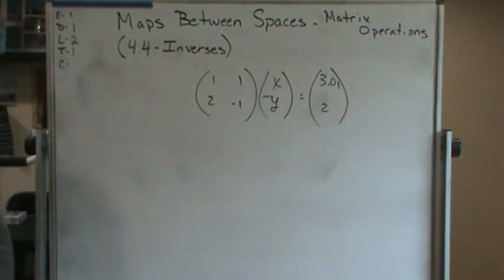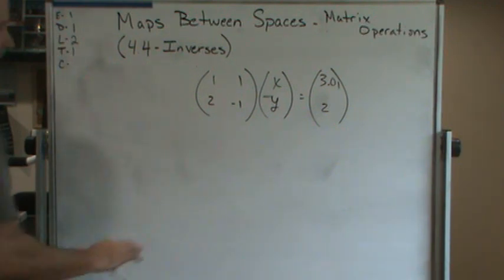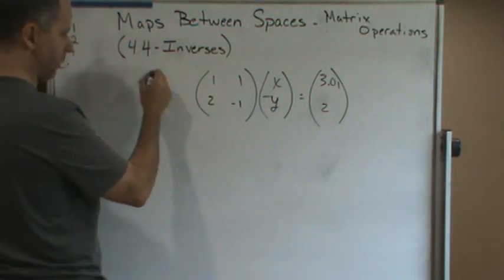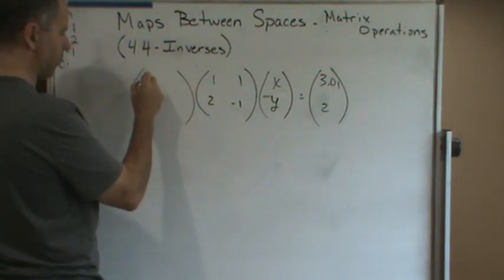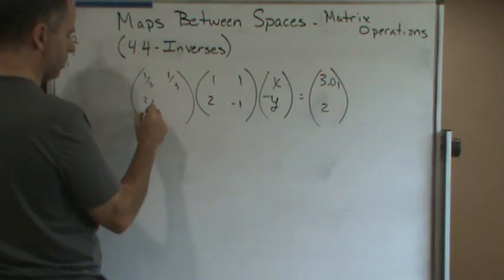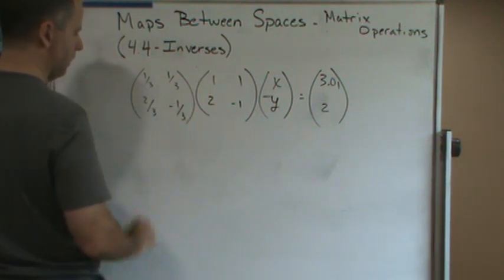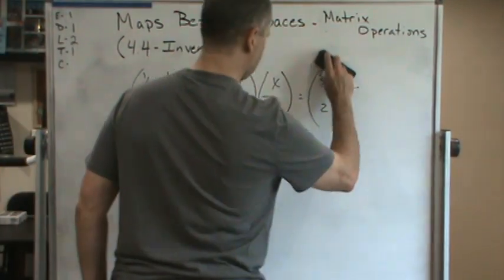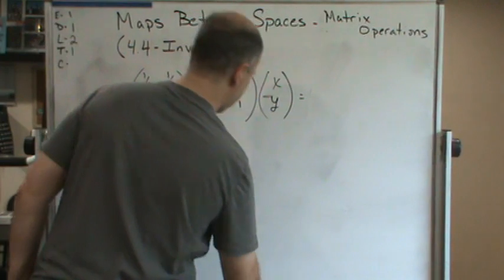If I change the constant by 100th of a point, what's it going to do to the system? Again, I think about this as multiplying by the inverse on both sides, so I'm going to multiply by the inverse, which is a third, 2/3, and negative a third. And I'm going to do the same thing over here, just so you see what I'm doing.